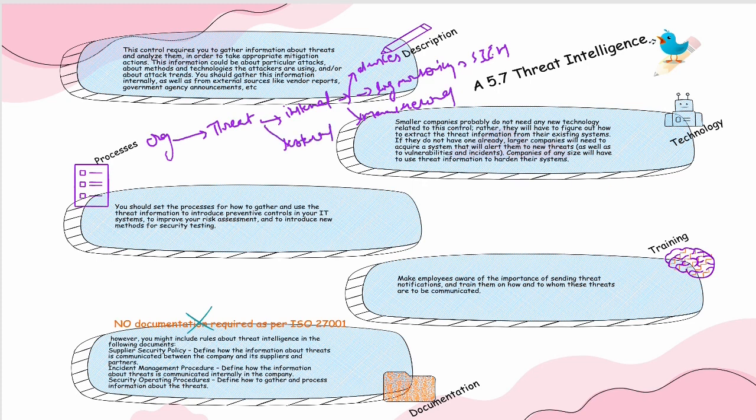So when I say external, externals are from your supplier reports. For example, the different sites like MITRE, and the different other sources which you can subscribe to, or just regularly monitor, and then you can subscribe to their news, where they publish the daily threats and the daily issues with respect to the different industry.